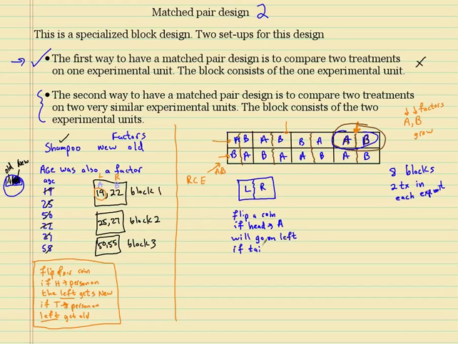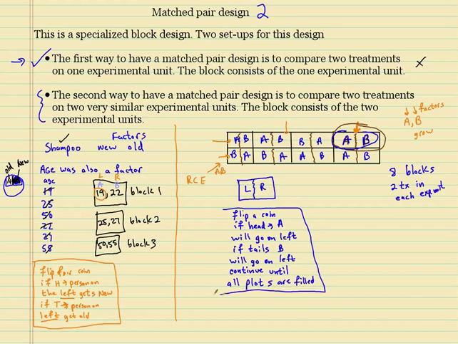If tails, B will go on the left. Continue until all plots are filled. You could say continue the same method. So that's how you randomize.